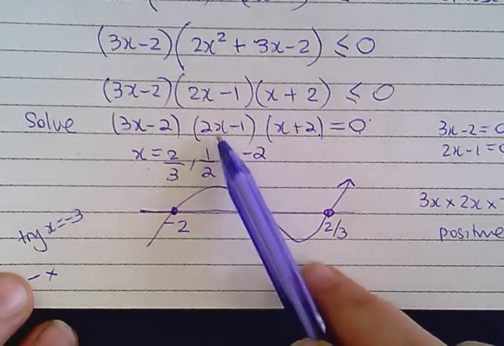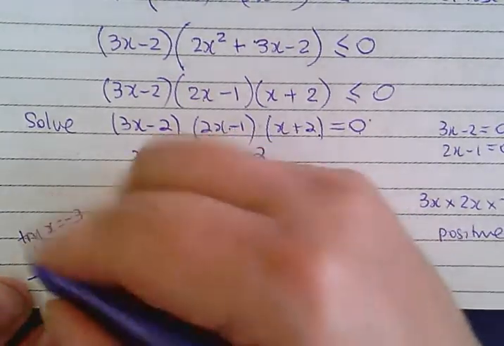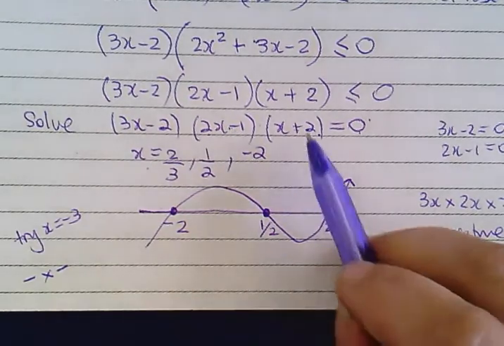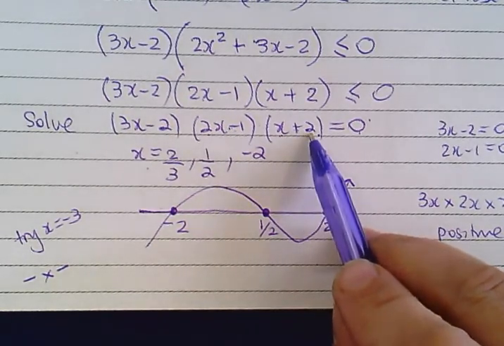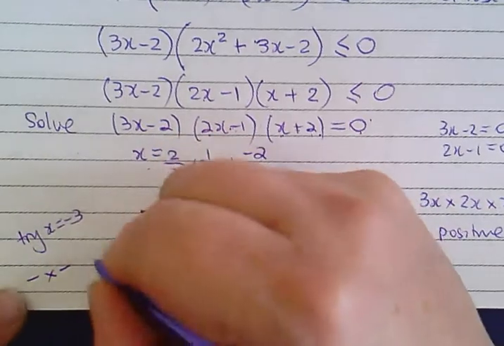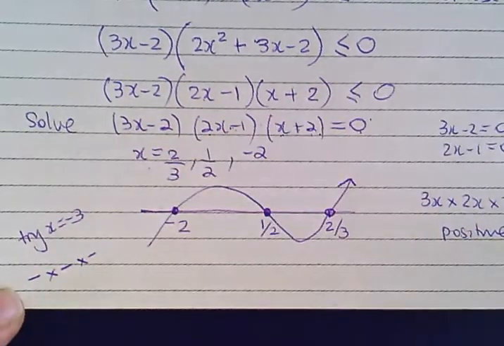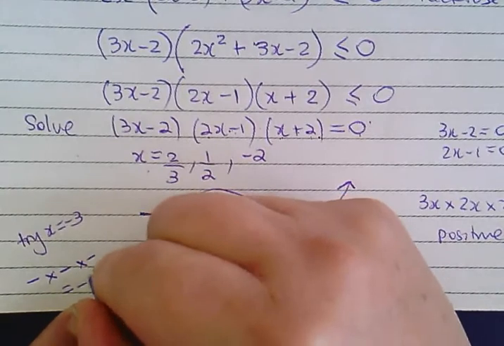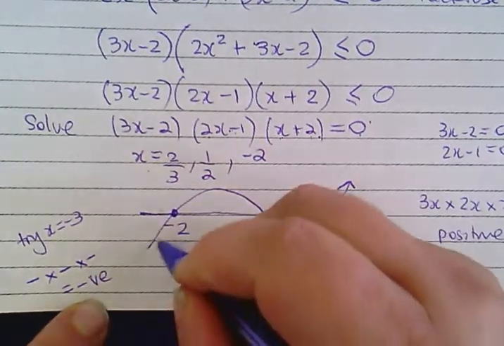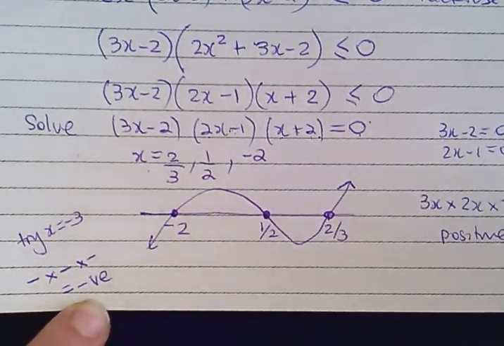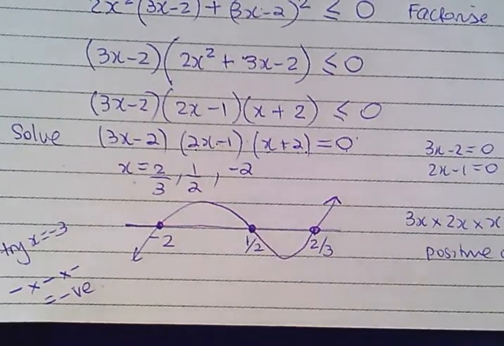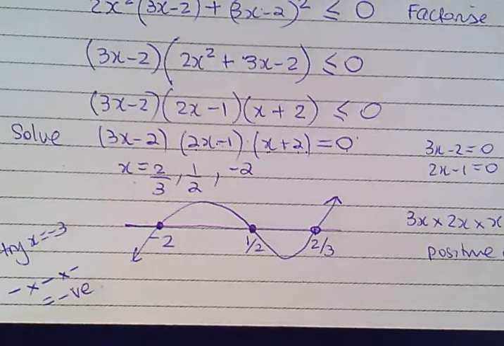Times, if x was -3, I'd have -6 minus 1. That's negative. You don't have to work it out. We haven't got time to work it out. And this one, -3 plus 2 is a negative. 3 negatives. Negative times negative times negative is a negative. Yes, it starts down there. So we've drawn it correctly. The other way is to know that a positive cubic goes that way. I'm going to have to give you a negative cubic one.